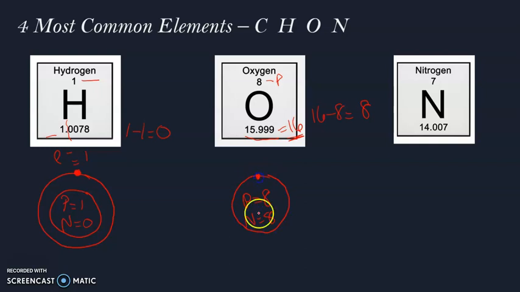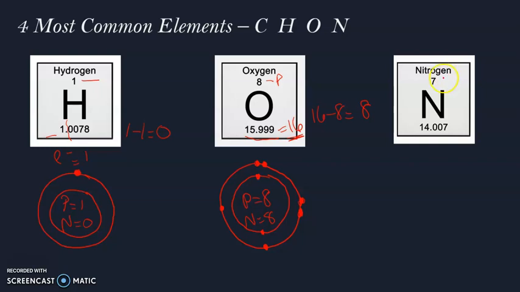Here I go: 1, 2 electrons in that first shell. I'm going to keep going: 1, 2, 3, 4, 5, 6, and then you go back to the top. It's just like cardinal directions, but you get 2 for each section. 7, 8. So there are 8 total electrons, 2 in that inner shell and 6 in that outer shell.